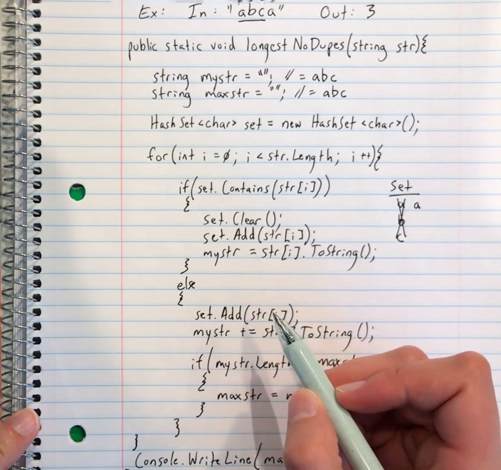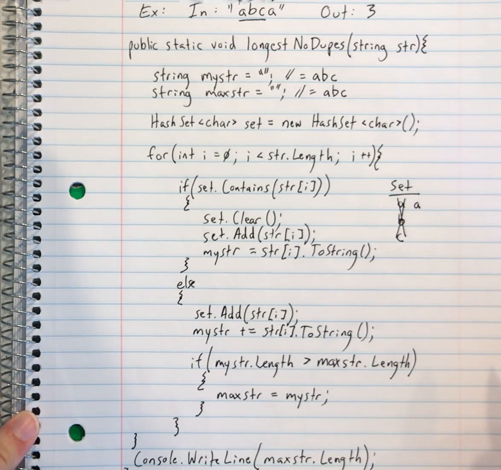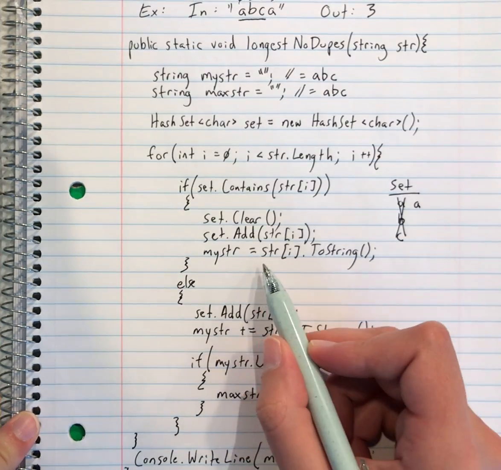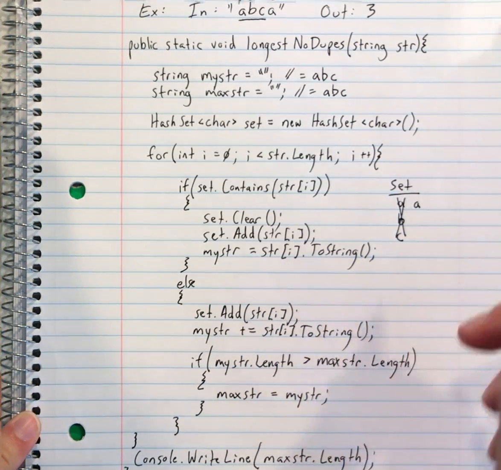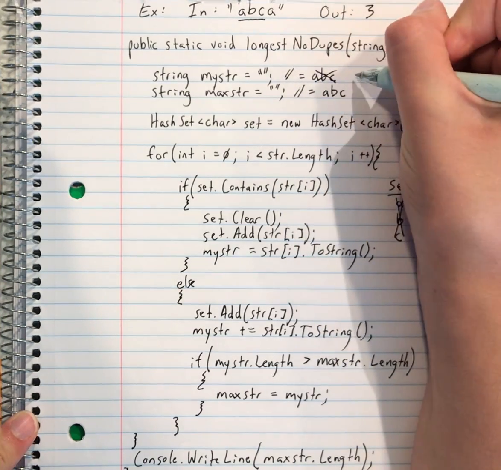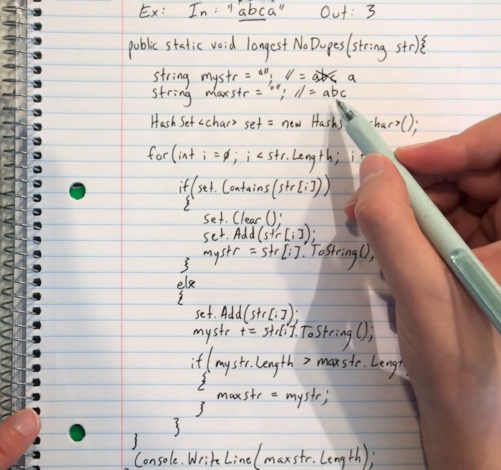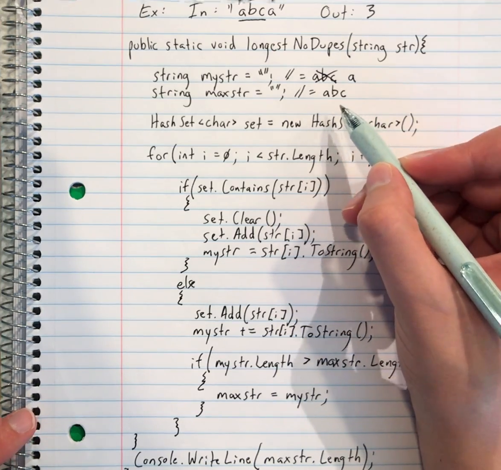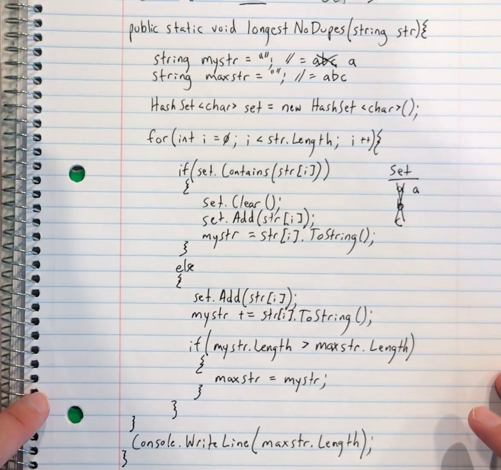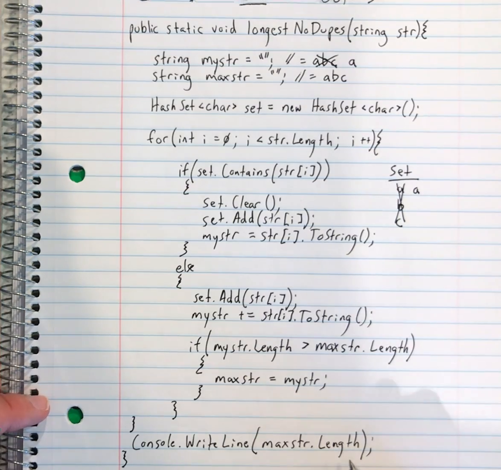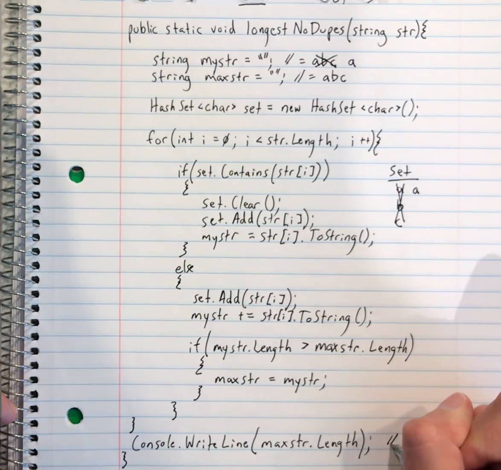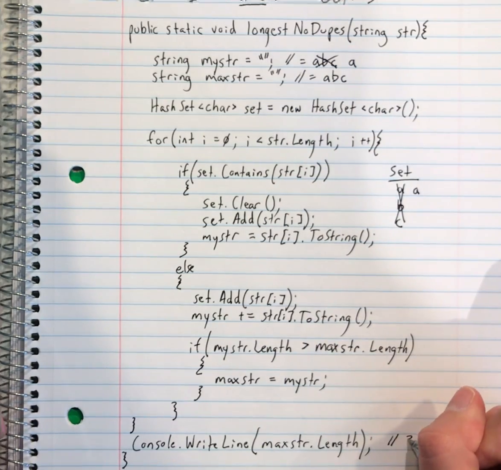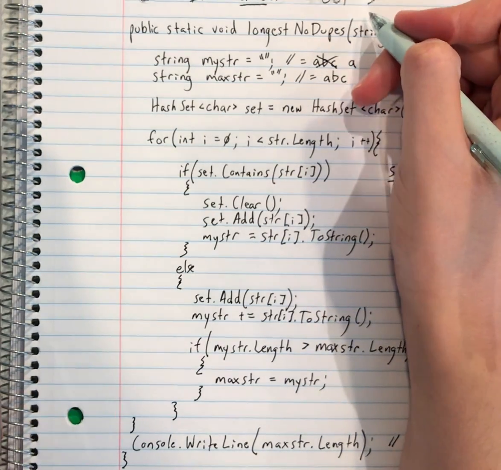My string is now A. But you can see the value for max string was retained. So when we print out the length of max string here, we will be printing out the length of ABC, which is 3. And that was our desired output.